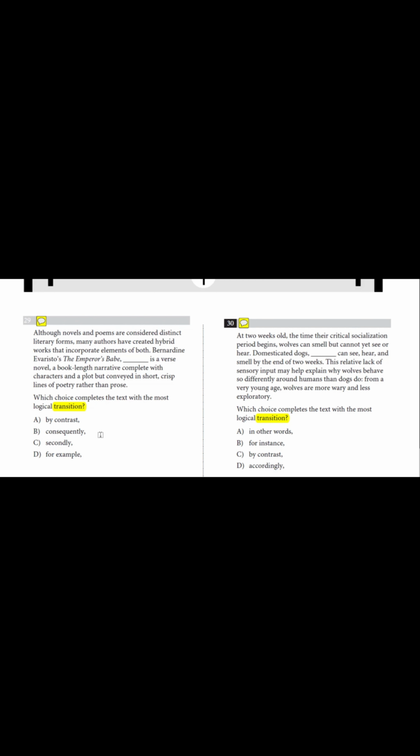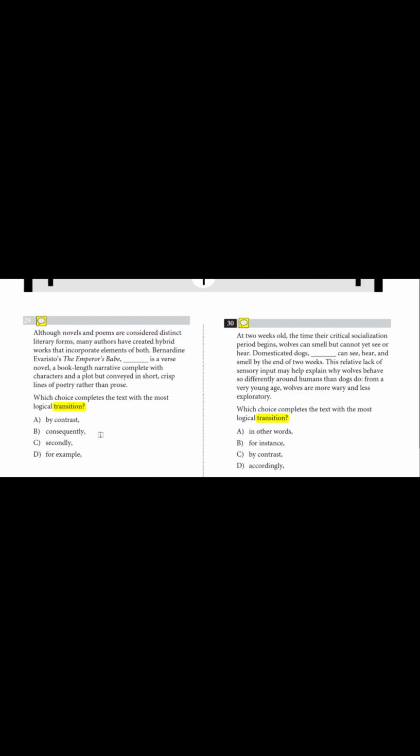Why? Because they have the same function. They have the same meaning, and we can use them when one sentence elaborates on or adds to the other. So these two transitions cannot be both right. So since they both cannot be right, both are wrong. So eliminate copycat or copycats.